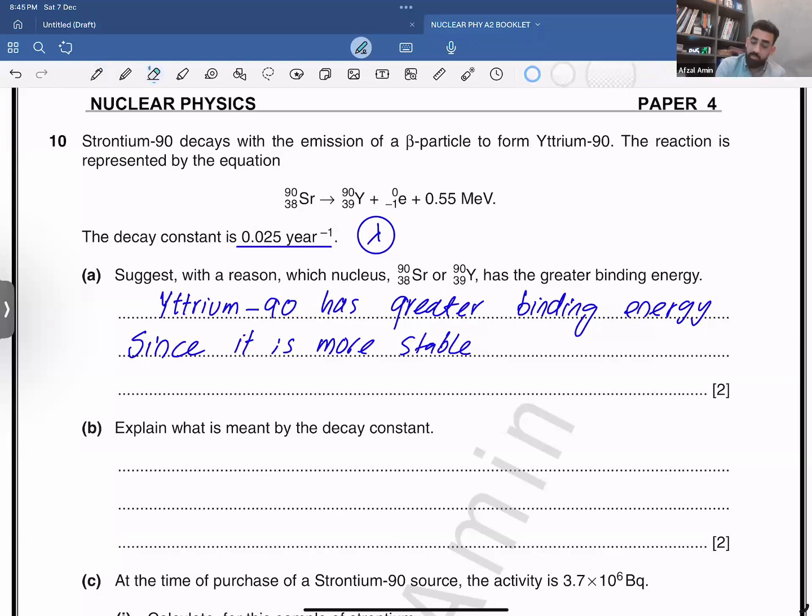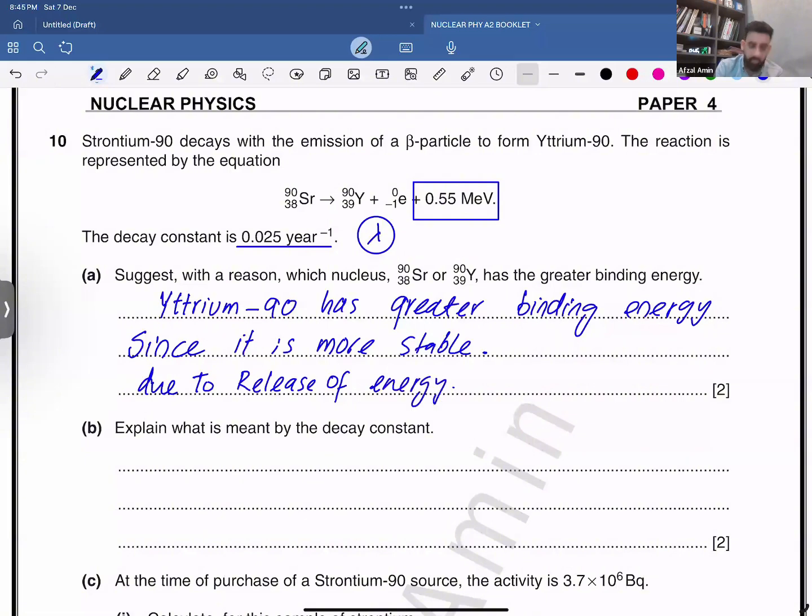More stable what? Also the energy is released. You can also give a reference to release of energy. When energy is already released, you became stable. A nucleon number didn't help me, but neutron number can help you.